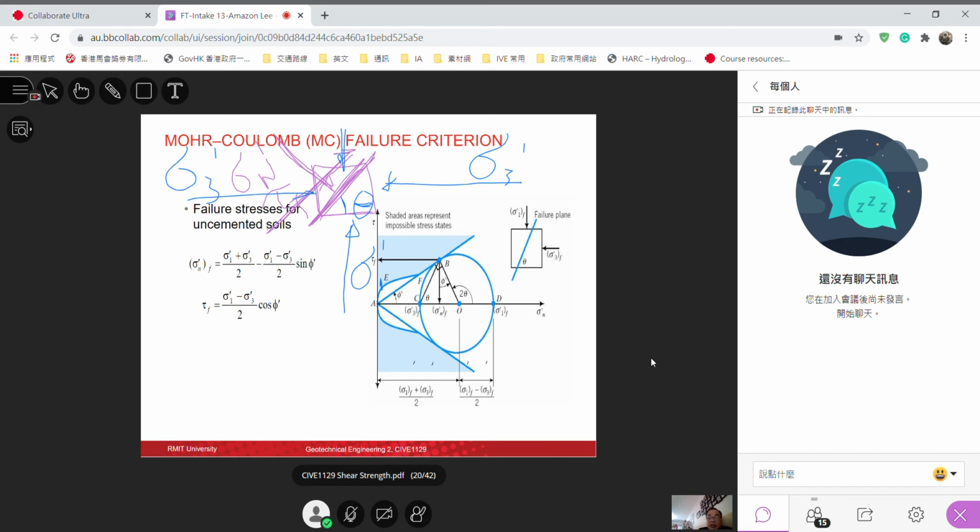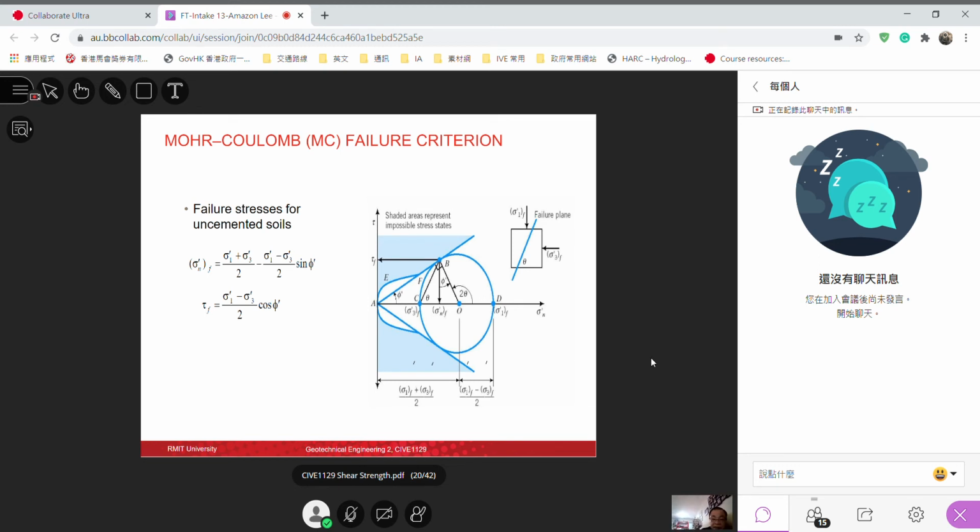So if we find the potential failure plane is here, making an angle theta with the major principal stress, that's a relationship between the normal stress at failure and shear stress at failure with the major principal stress and minor principal stress. The relationship is here.